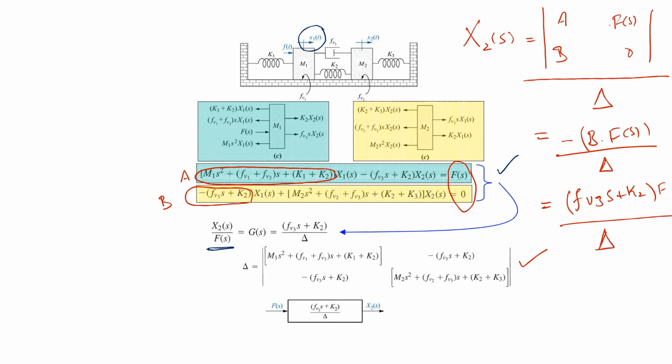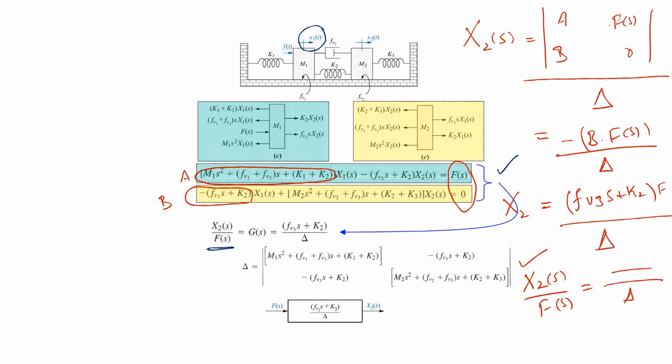So now we have x2 equal to this whole term, but what do we need? We need x2 by f. So we can cross multiply f over there, and we will have x2 of s divided by f of s, which will be equal to this whole term divided by this delta.